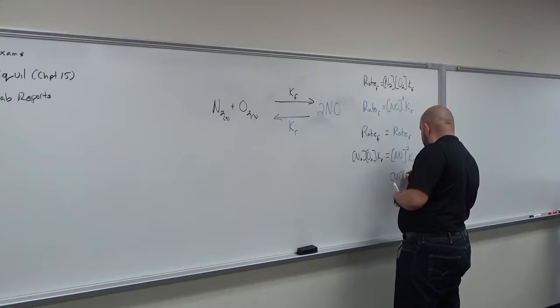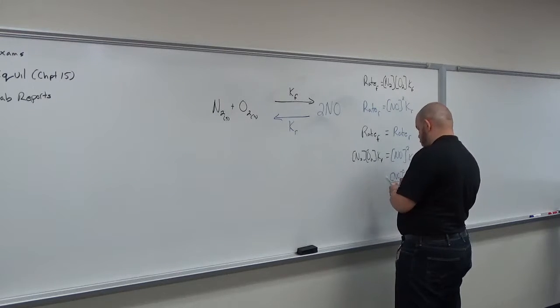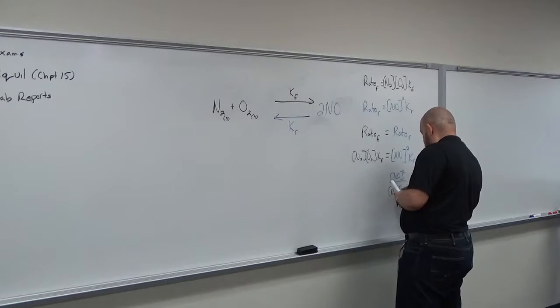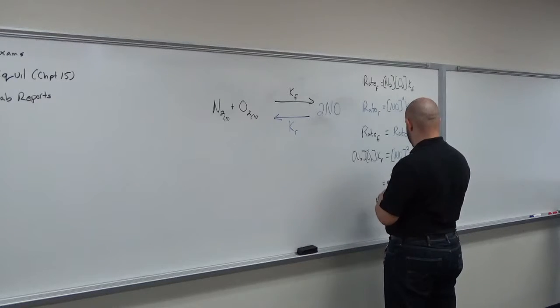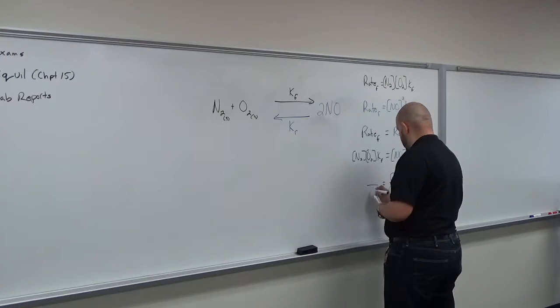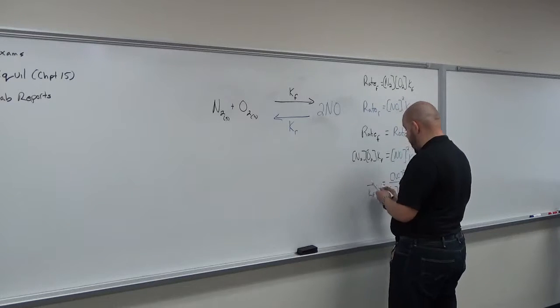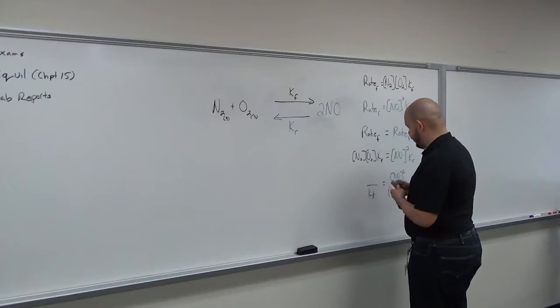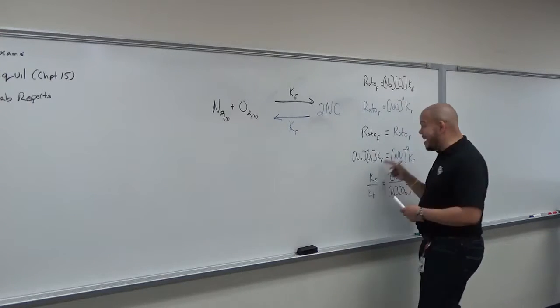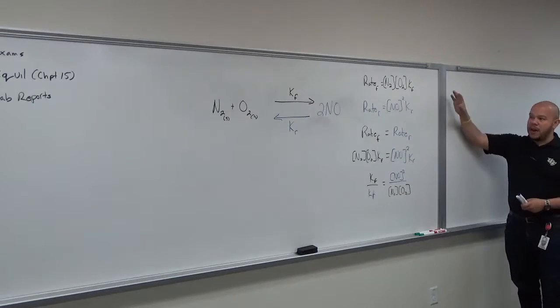NO squared all over N2 O2 is equal to Kf over Kr. These Ks that I'm talking about right now are rate constants, right?